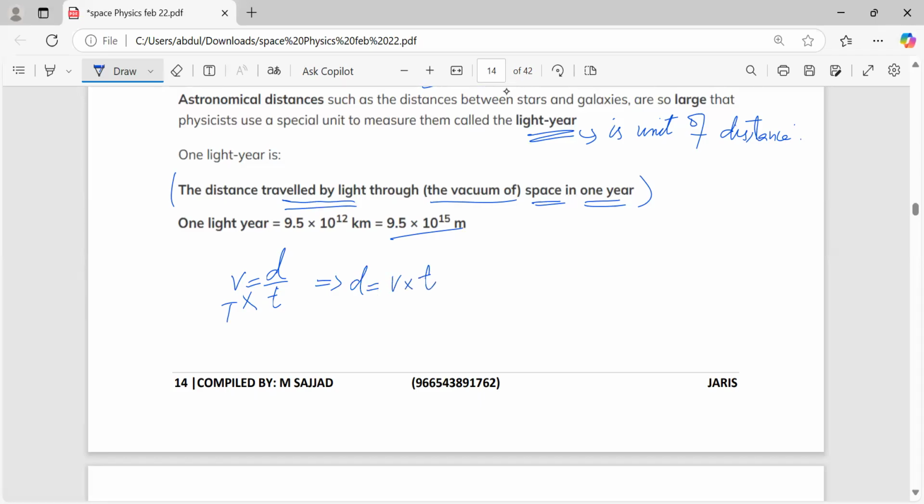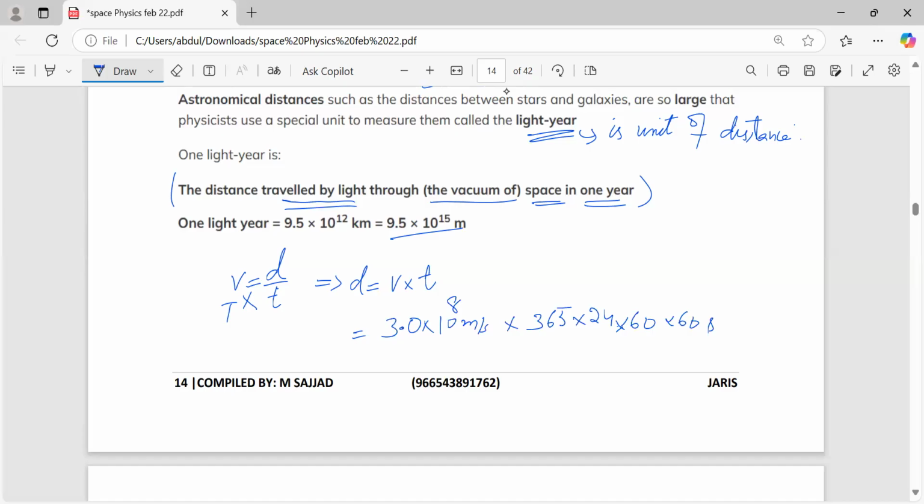The speed of light, a very common constant, is 3.0 times 10 raised to power 8 meters per second. And time: 1 year has 365 days, each day has 24 hours, each hour 60 minutes, and each minute 60 seconds.